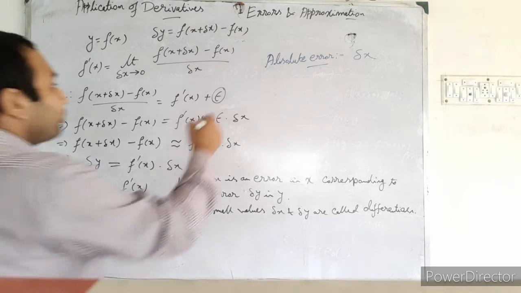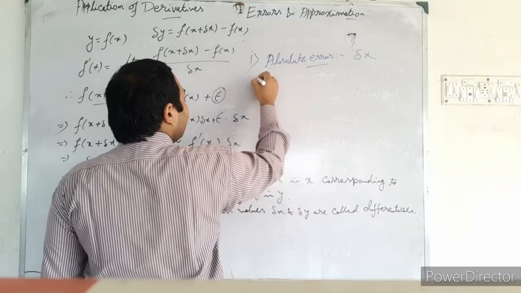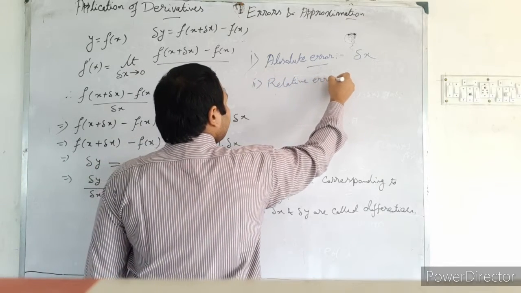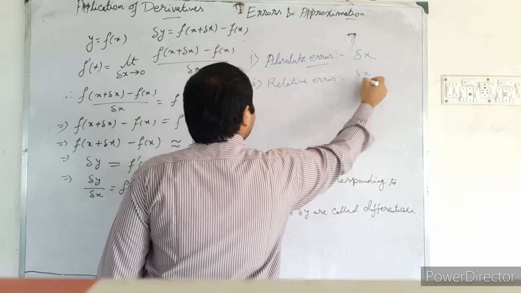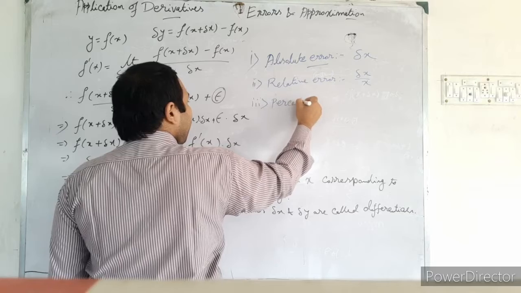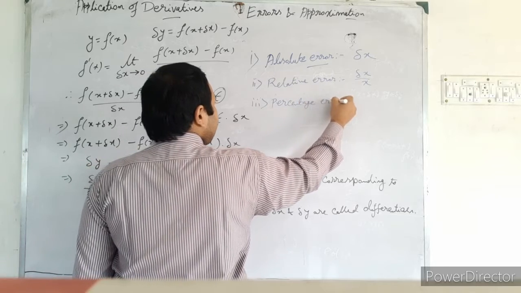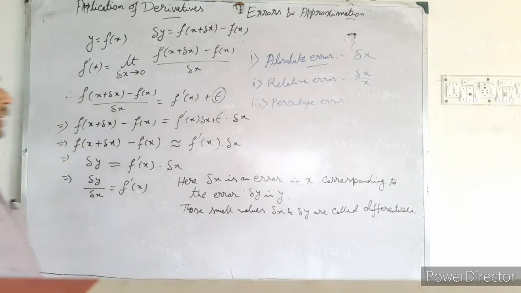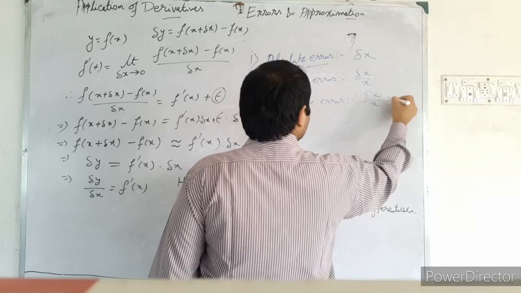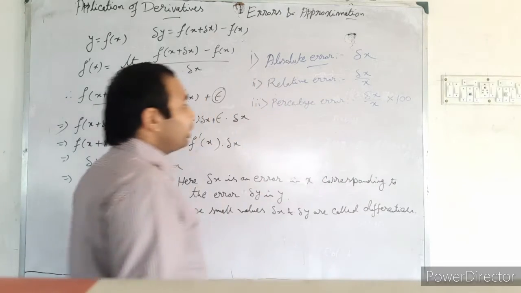Second, relative error, del x by x. And number three, percentage error, that is del x by x into 100. That is the percentage one, del x by x into 100.